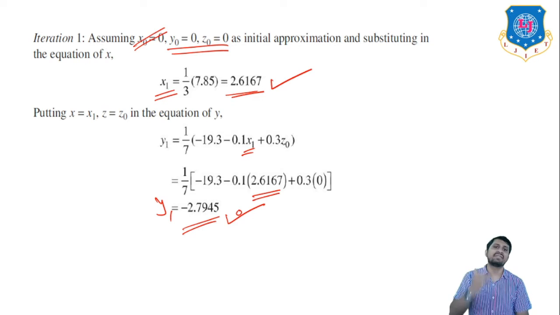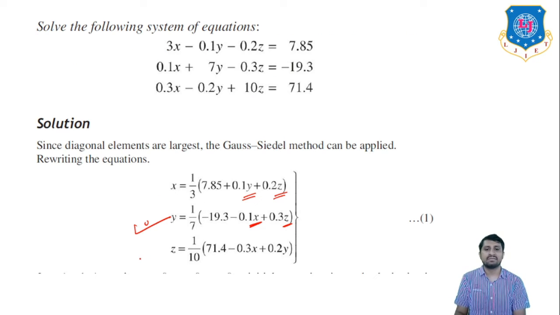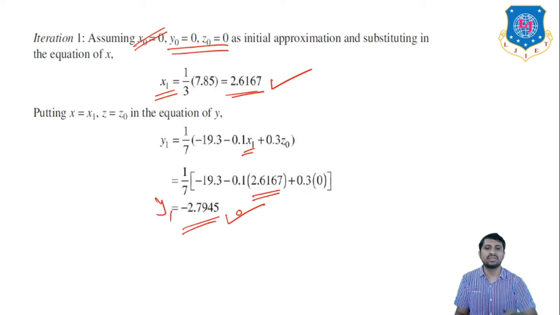Now x1 and y1 both you have to use in the value of z1. When you find the value of z1, that means the first approximation of z, you have to use the values of x1 and y1. See the equation for z. Instead of x you have to take x1, and instead of y you have to take y1, and both values you already found, 2.6167 and minus 2.7945.